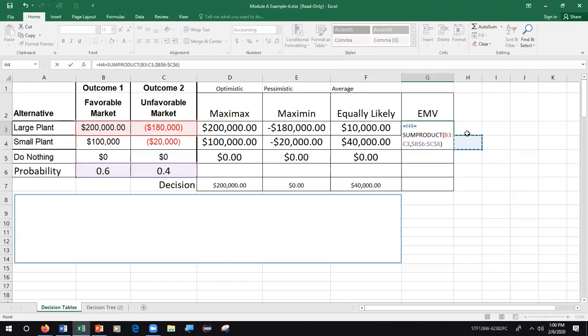And once we have that, then we can drag this down. What it's going to do then is grab these cells where they are without trying to grab them over here, because we have it absolute, and it will actually give us our EMV for the other 2 alternatives.